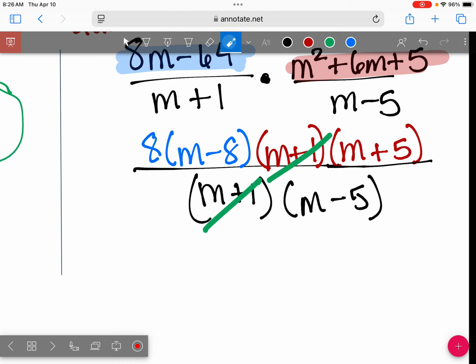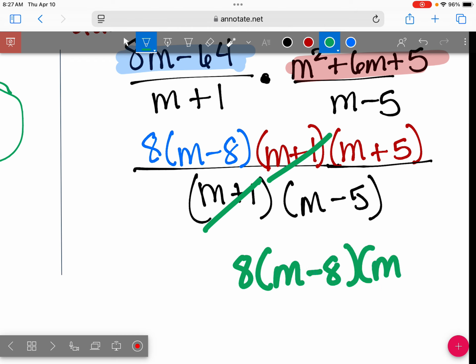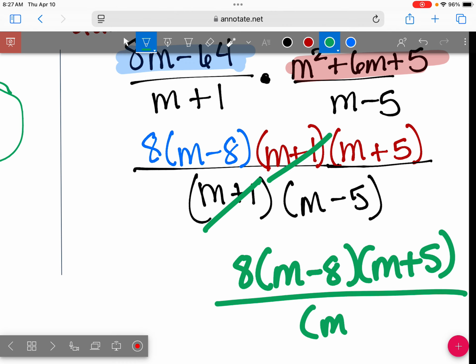What about the m plus 5 and the m minus 5? Can I take that away? No, because it's not a match. So we're done. That's all we can do. So my final answer is 8 times m minus 8 and m plus 5. All that is upstairs. And then downstairs, I have an m minus 5.